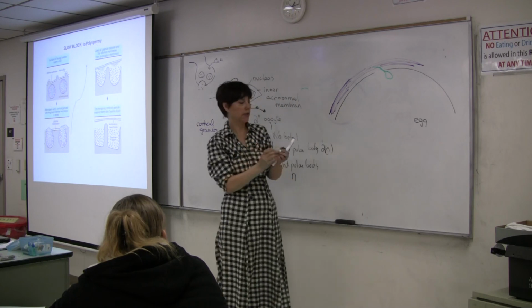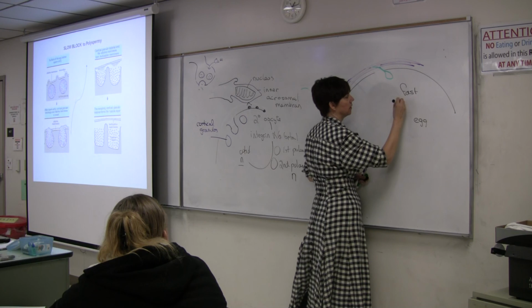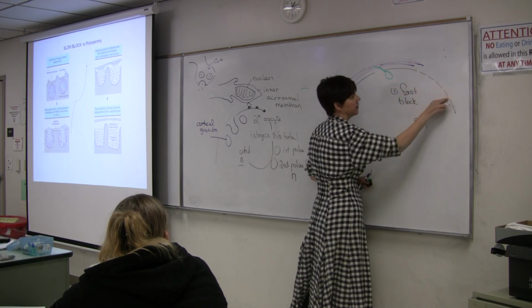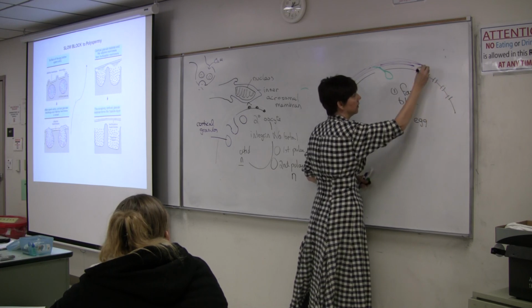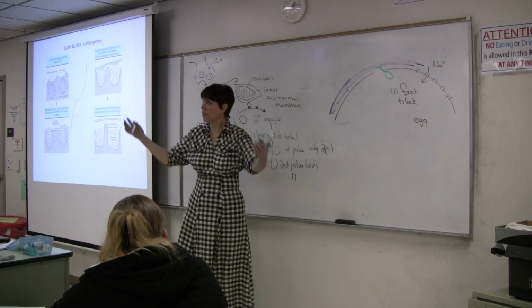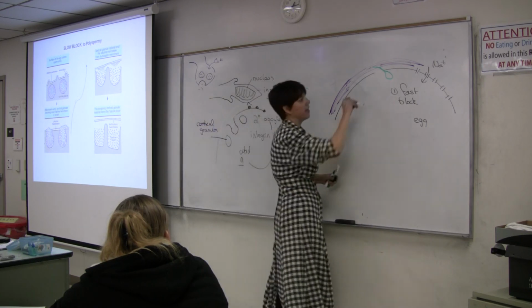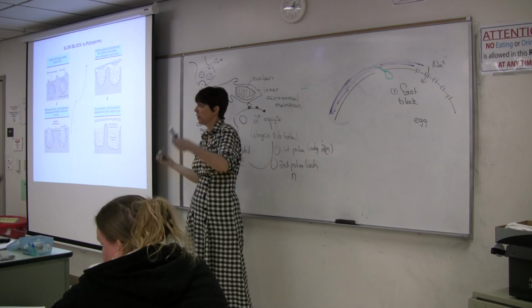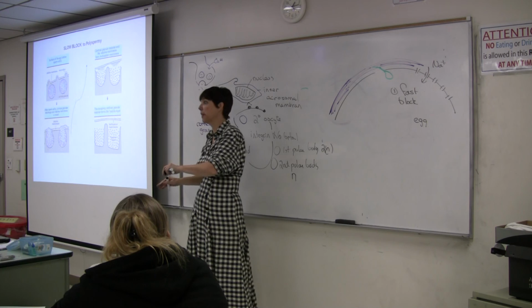Okay. So the first step is the fast block. And that is the opening of sodium channels. So sodium ions flow into the cell, okay? And that changes the ability of additional sperm that might have already made it through the zona pellucida to bind to the egg membrane.